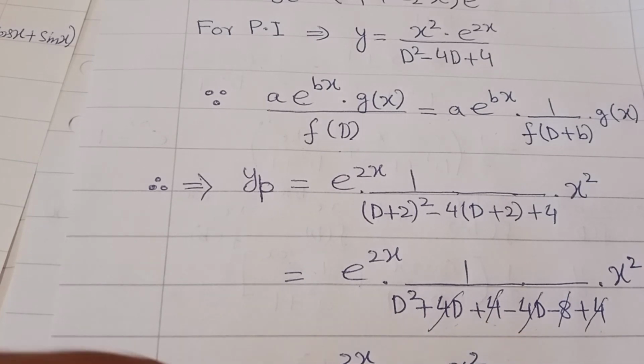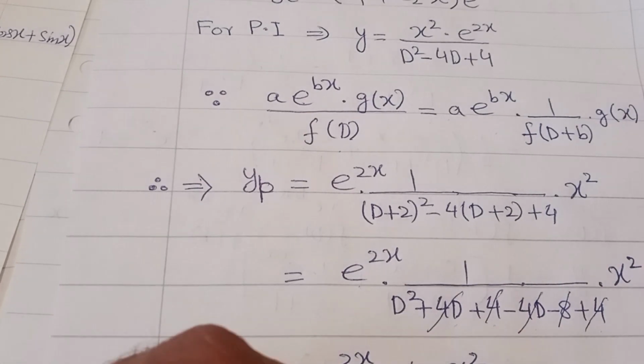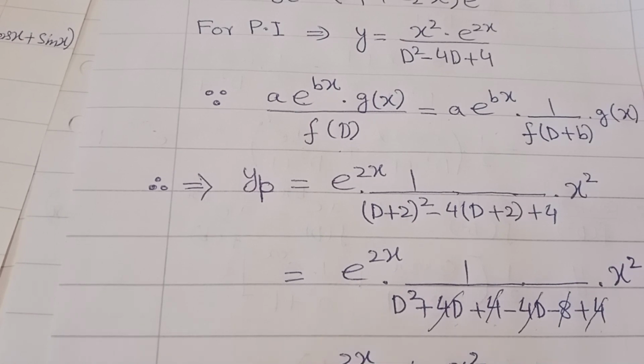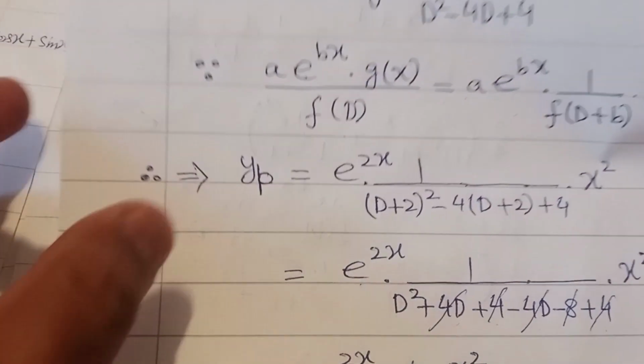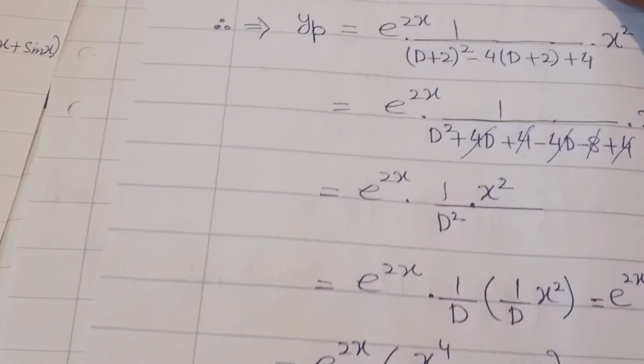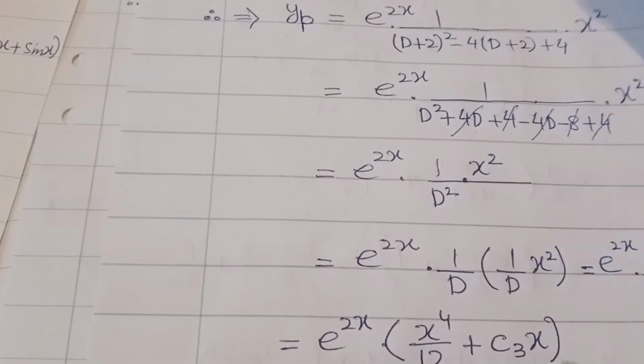So the remaining term is exponential 2x into 1 upon d square into x square. It means that you have to integrate this x square two times. So let's see what happened now.